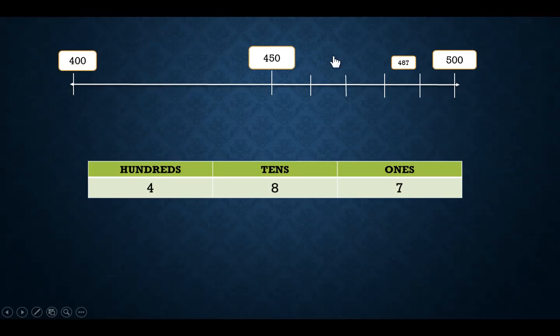If you count, jumping by 10, 10, 10, plus 10, plus 10: 450, 60, 70, 80, 90, and 100. If you look at my benchmark, 487 is closer to 500. If my amount is after my middle point, my benchmark, that means it's closer to the right side.